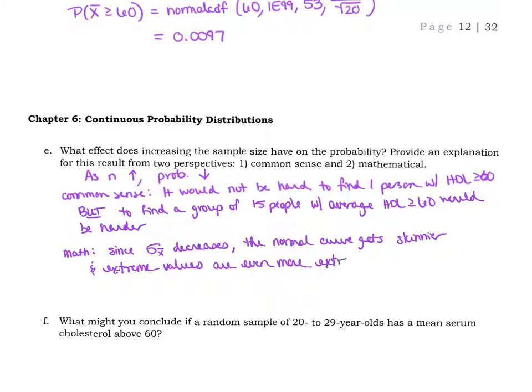Or in other words, rare. And if you watch the simulation, you would notice that that normal curve did get skinnier. They've got the nice big population one, and as you draw more and more people in your sample, that normal curve of the sample means got smaller and smaller and smaller toward the middle.